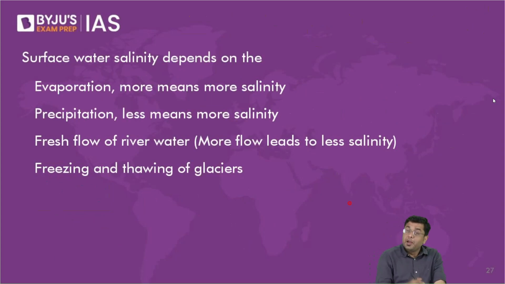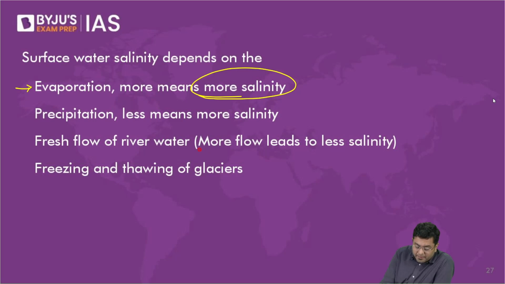So basically, all these factors that we have been talking about will only be able to influence the surface. They will never be able to influence the depth or the bottom. Only the surface is where the influence will be restricted. So surface water salinity depends on various factors. Evaporation: in a region where there is more evaporation, there will be more salinity because of removal of water, right?